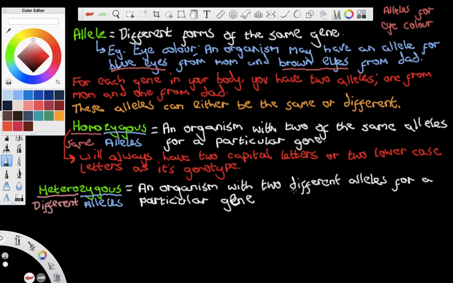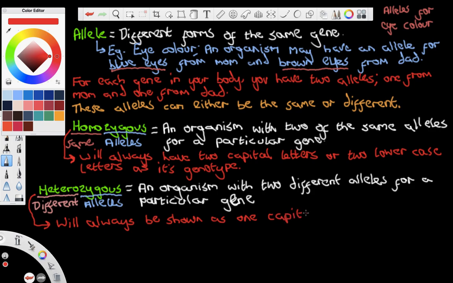Now, as a bit of a cheat sheet for your exams, heterozygous organisms are always shown as 1 capital letter and 1 lowercase letter as its genotype.